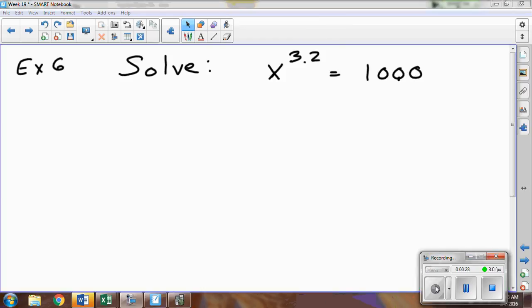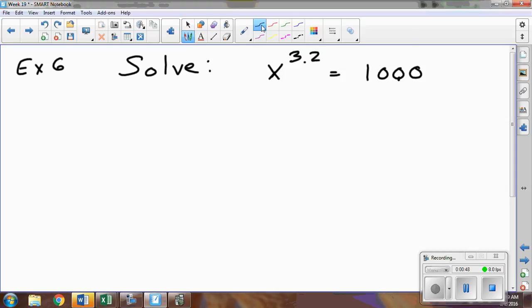All right, so basically, we're starting here and saying, let's solve for x. In order to solve this equation, we have to get rid of the 3.2 power. We have to get rid of this exponent. We have seen previously that if we had something like x squared equals 100, how did you get rid of an exponent of 2?